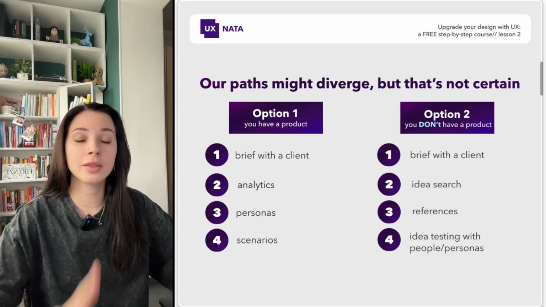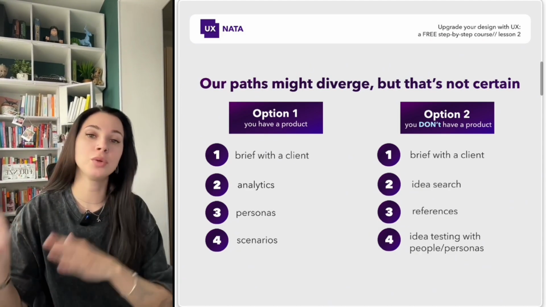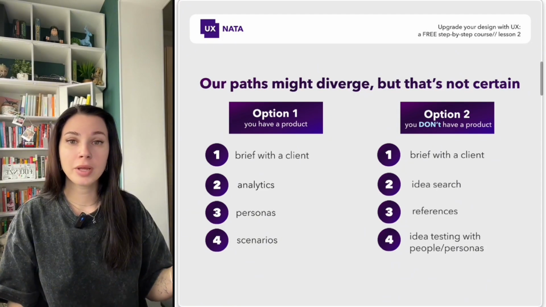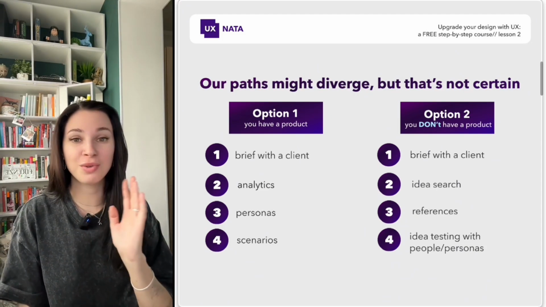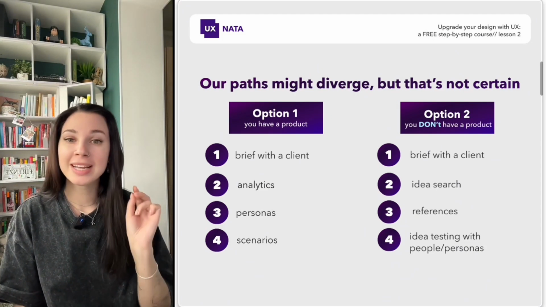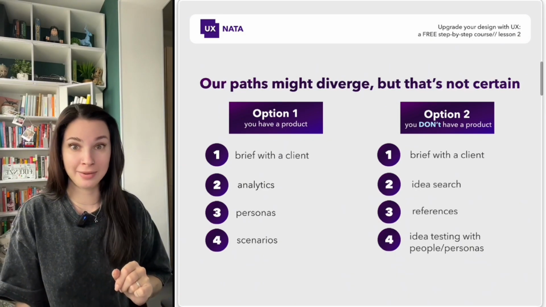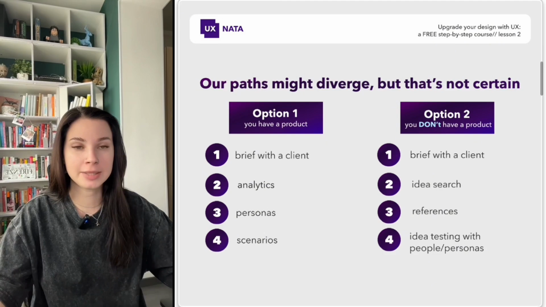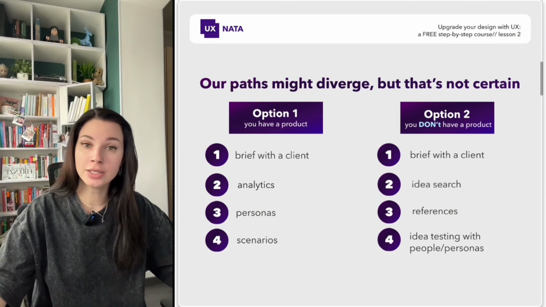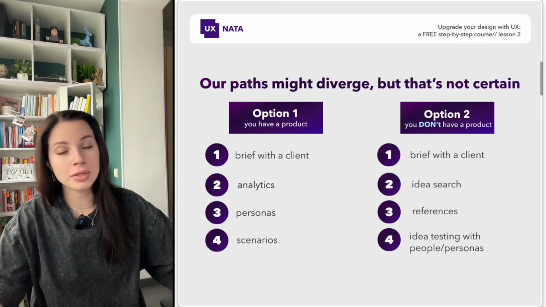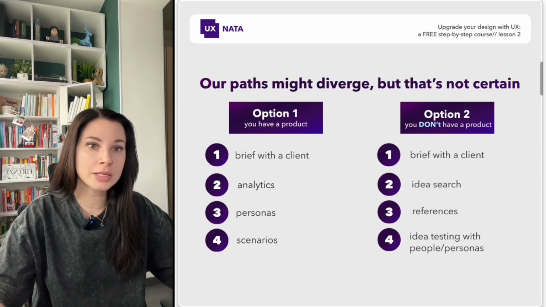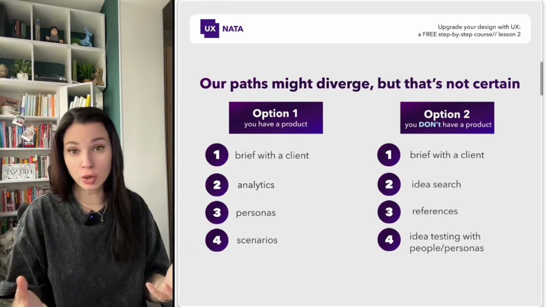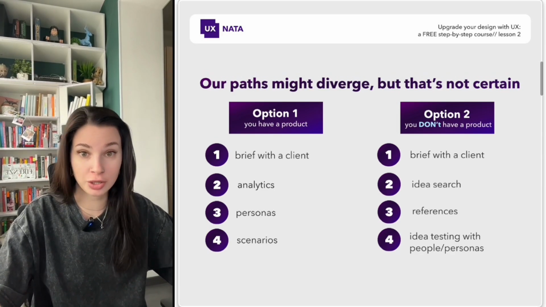Brief. The first one, option one, if you have a design interface, brief with the client. If you talked to him or her before, try to do it again with our templates and our advice. Then analytics, like SimilarWeb and different other tools, we will talk about that. Then we can construct and create personas if we have enough materials.